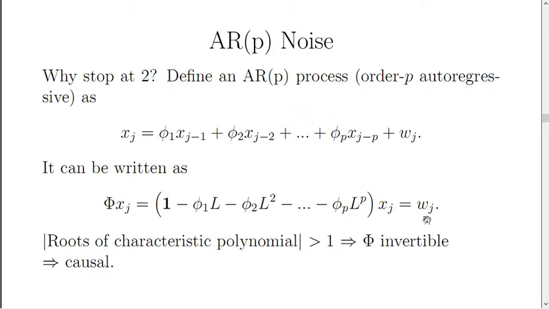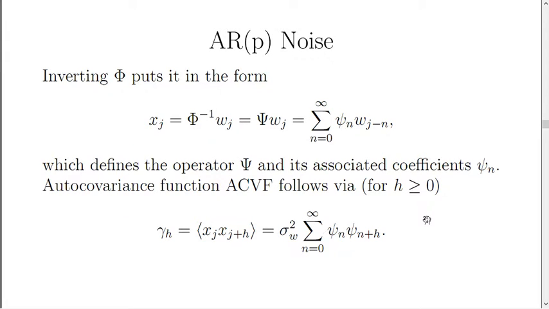If the roots of the characteristic polynomial all have the property that their absolute values are greater than 1, then our operator is invertible, and that means that the process is causal. Inverting it puts it in this form, where the data values are the inverse operator operating on a white noise series.